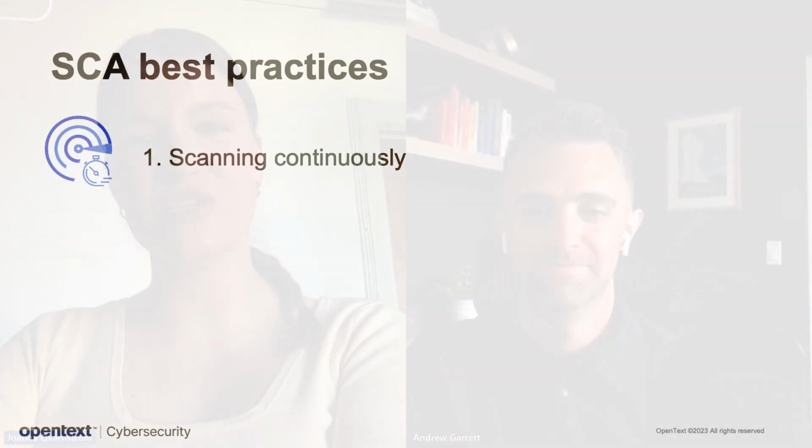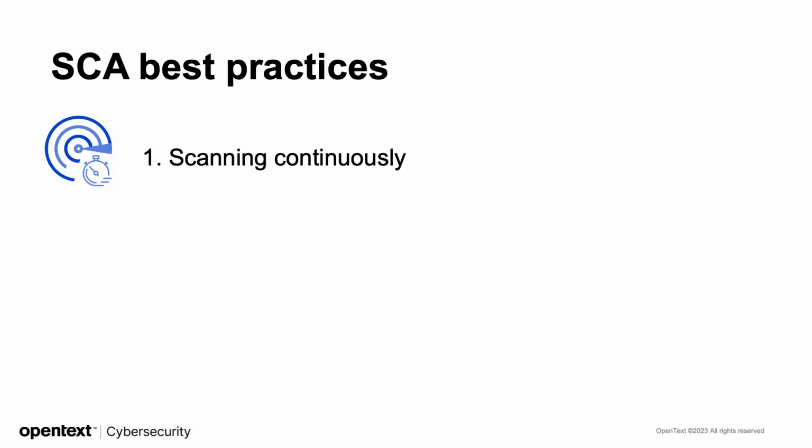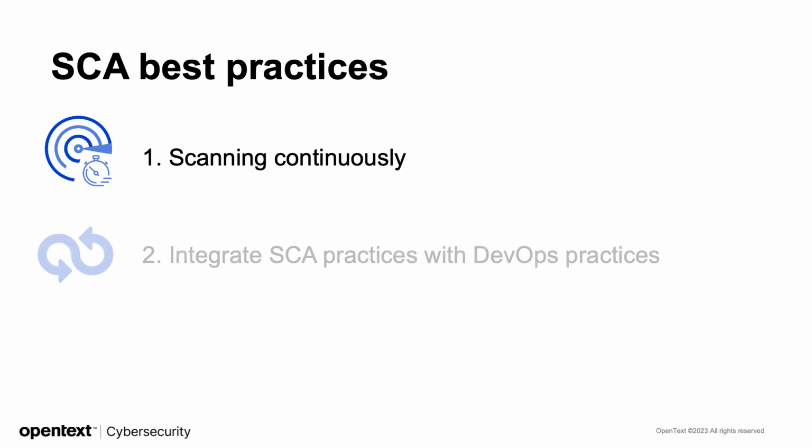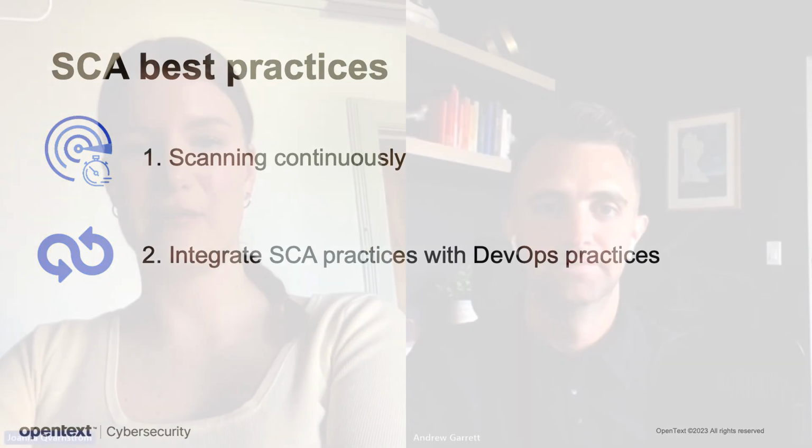Secondly, and that's kind of a continuation of the previous point, would be making sure that you integrate your SCA practices with the DevOps practices that you already have in place, right? So the first step is, like I already talked about, integrating into your CI/CD, making sure that you run scans at every commit, but then also making sure that your developers are actually using the tool and that there are processes in place to make the most of it. Because otherwise you've paid a lot of money for a tool that no one is really using.